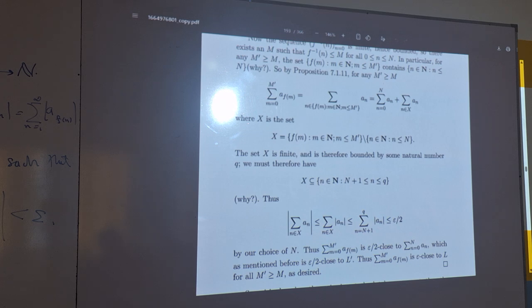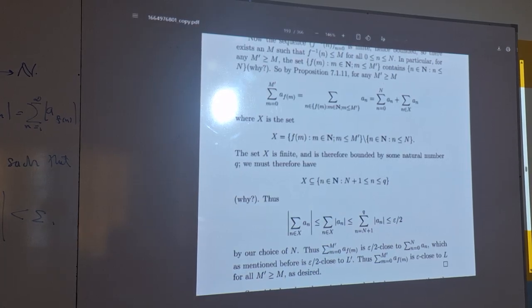I guess he says the set x is finite. That is of course true, and is therefore bounded by some natural number q. X is bounded by q. We must therefore have x a subset of the set of all n belonging to N less than or equal to q, but it is not very clear.